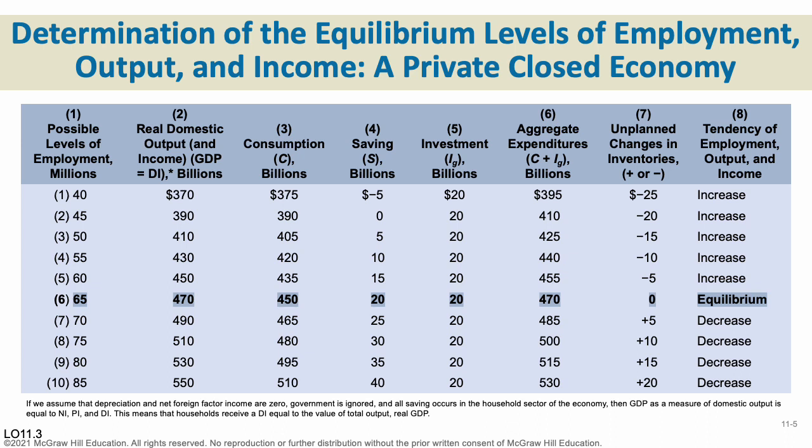Spending is 470 as well. So we have consumption and investment equaling domestic output, or GDP. Why isn't savings part of expenditures? Because anything saved is not spent. It has to be either consumed or invested. So that's why we're adding those two.